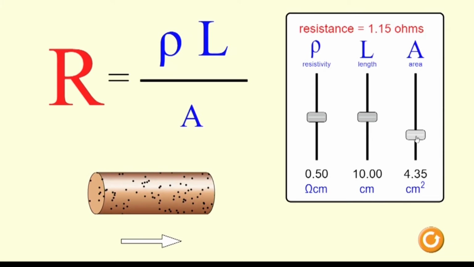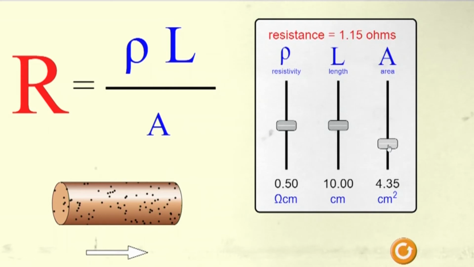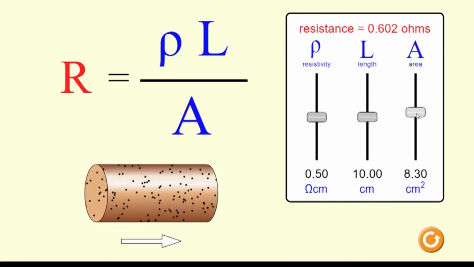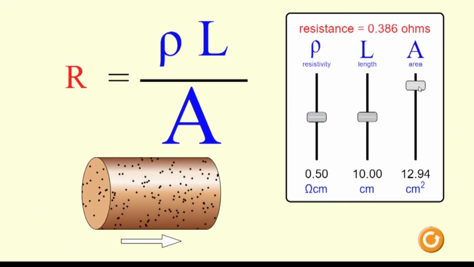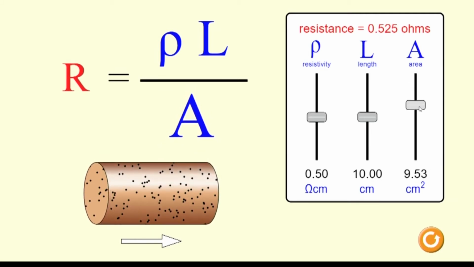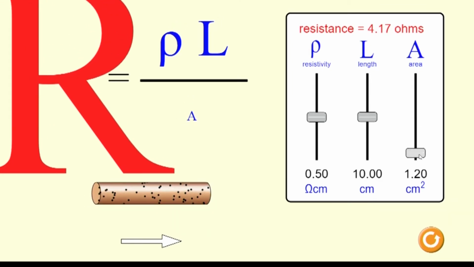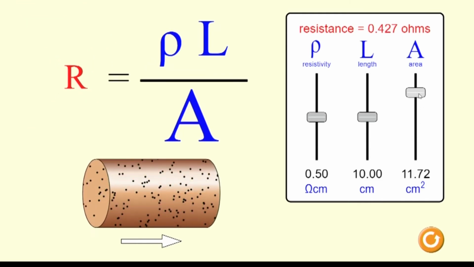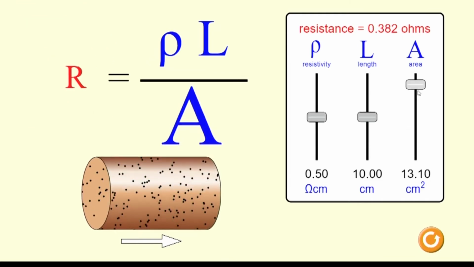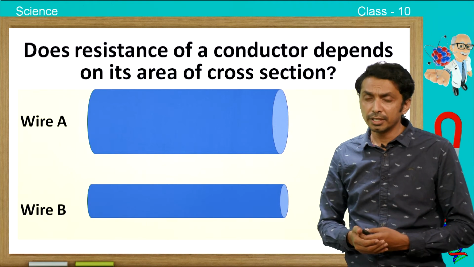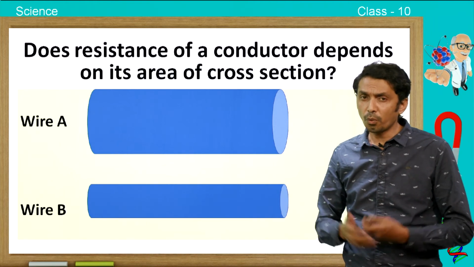The reason is that the free flow of electrons has more space when the area of cross section is more, which results in fewer collisions and fewer attractions, therefore resulting in a lesser resistance. Whereas in a thinner wire, the resistance is very high due to interatomic attractions as well as collisions. Yes, children, here you just saw the activity. So what can we conclude?